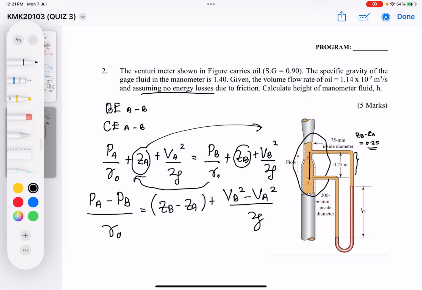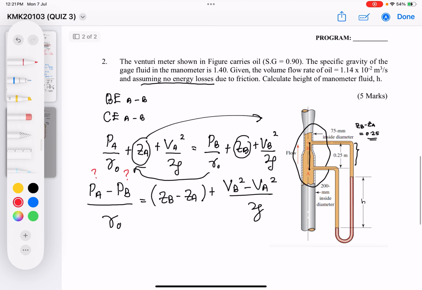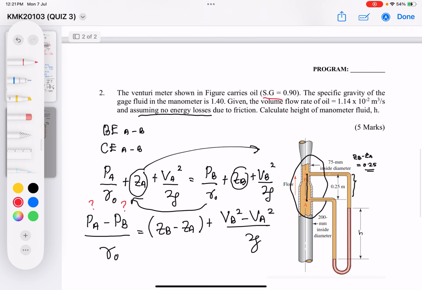Okay, let us check our terms. We don't know the value of PA. We also don't know the value of PB because it was not given in the question. Gamma of the oil can be calculated because the specific gravity equals 0.9. Therefore, the density of the oil is 0.9 multiplied by 1000, which is 900 kilograms per meter cube.